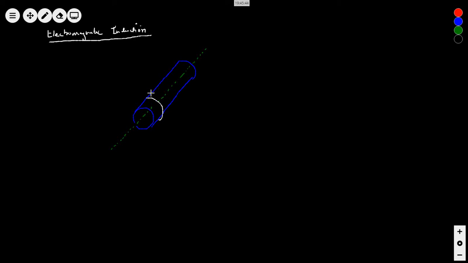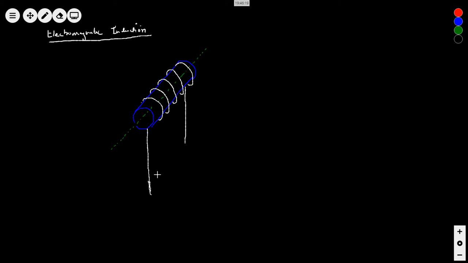Maybe copper coiling, simple copper wires, nothing else, wound over this. The blue can be a paper cylinder or just anything, just to make a shaft. Here is the wire which is coming out, and from that side here is the wire which is coming here.